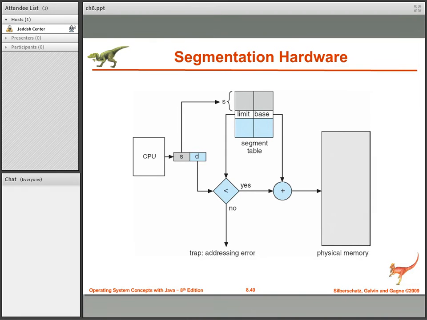The corresponding entry will give you the base in the physical memory. This base is added to the displacement or offset, and the addition gives you the physical memory location. Of course, the offset has to be less than the limit, as we explained in the previous slide. Otherwise, it will give you a trap, an addressing error.